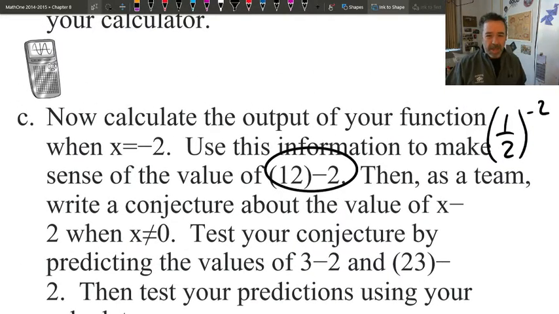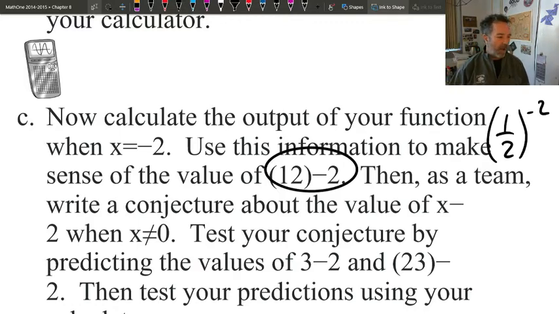So if I was to square 1/2, if that was a positive power, it'd be 1/2 times 1/2, which would be 1/4. But because it's a negative power, it's not going to be 1/4. It's going to be the 1/4, but then the reciprocal.